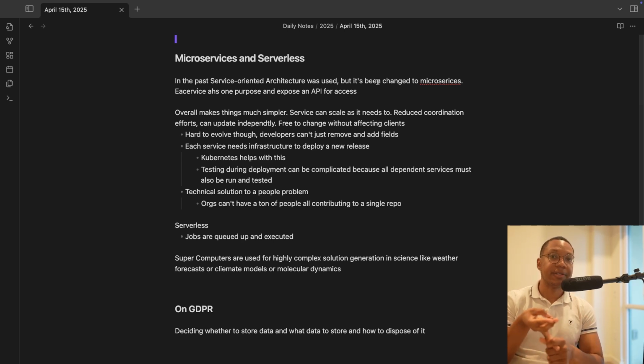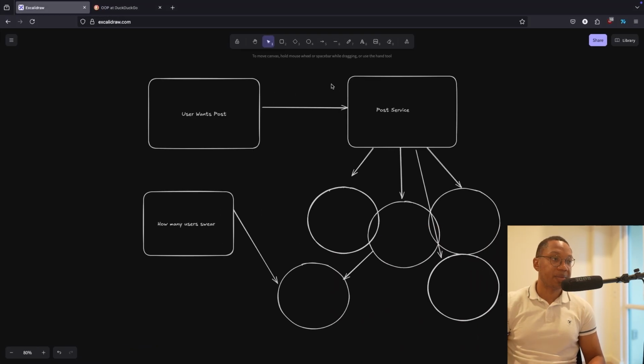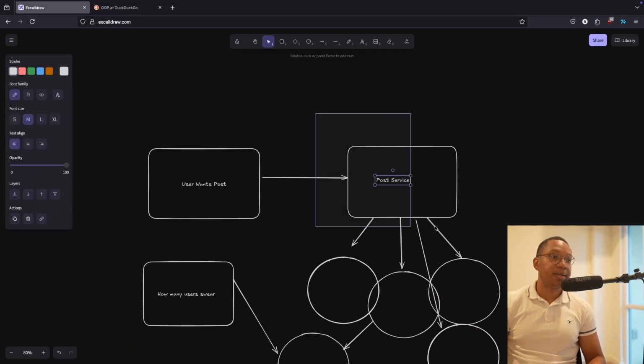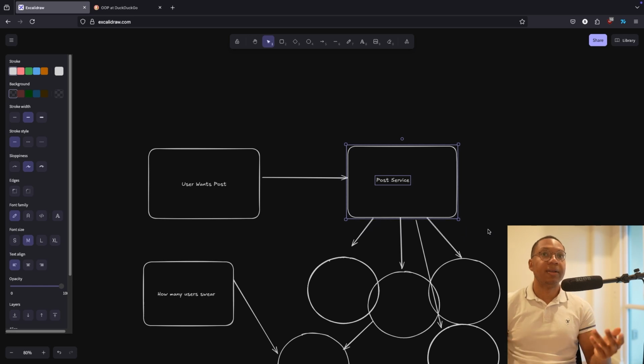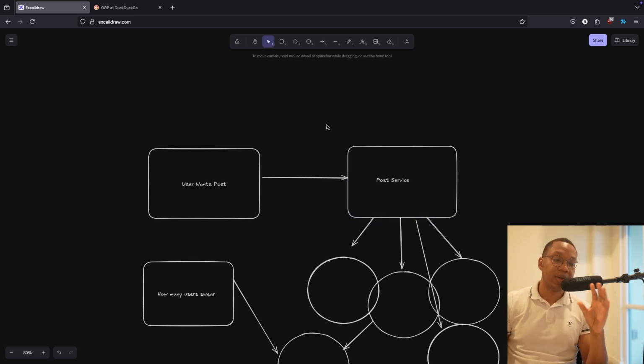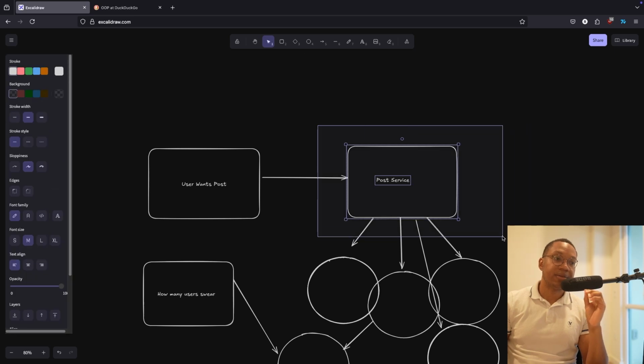Going into the last parts of the book, we've got microservices, then serverless, and then privacy. Talking about microservices for a little bit: in the past we had service-oriented architecture, where you would have one monolith. So what is a monolith? You would have one computer running one code base, one thing that houses all of it.